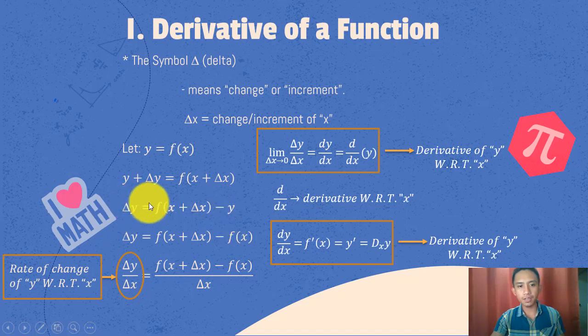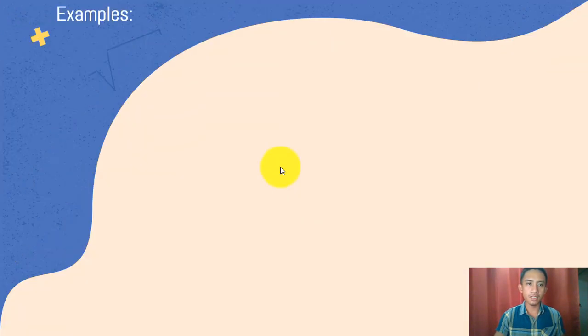I will transfer the original function on the other side and simplify that one into a single variable. That is the second step. Third step is to get the rate of change of the variable with respect to the other. And then the last step is get the limit as that small change approaches 0. So we call this one four-step differentiation. Okay, so that is what we will apply in this example.